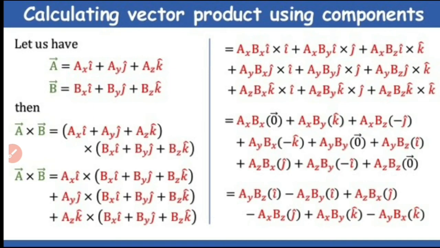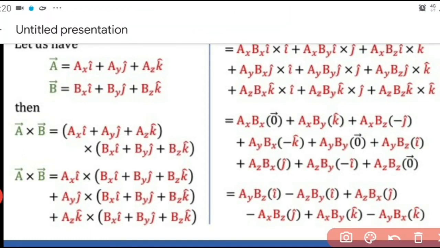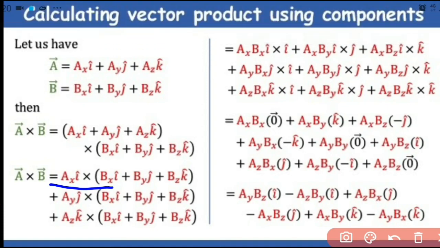So we have first term axi cross bxi plus byj plus bzk, then ayj cross bxi plus byj plus bzk, plus azk cross bxi plus byj plus bzk. Now expanding the first term, that is ax bx i cross i.